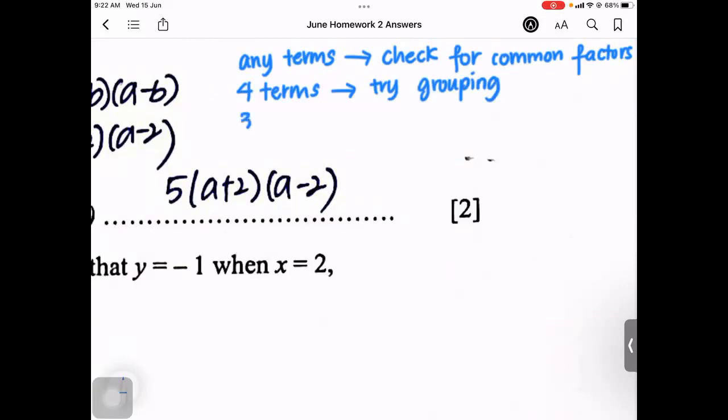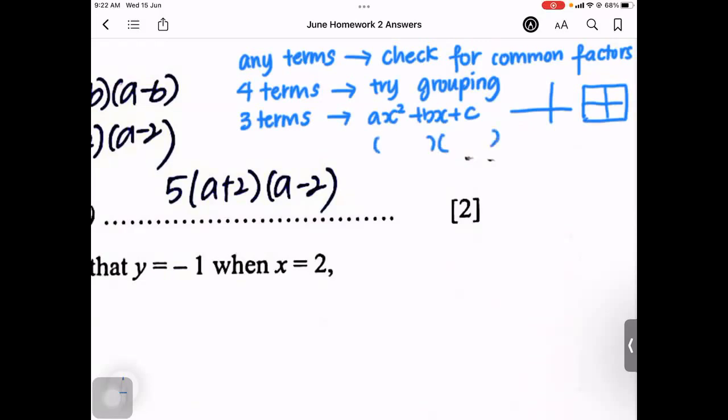When you have 3 terms and it involves a quadratic expression of the form ax squared plus bx plus c, then you can do the trial and error method or the cross method, or some of you do the window method. They're all the same. Or you can use your calculator to get it into something times something. So that is any terms, 4 terms and 3 terms.